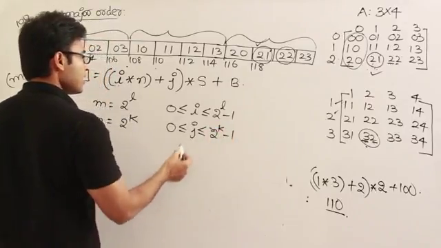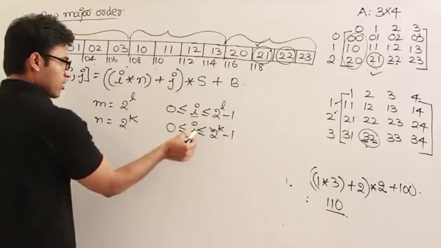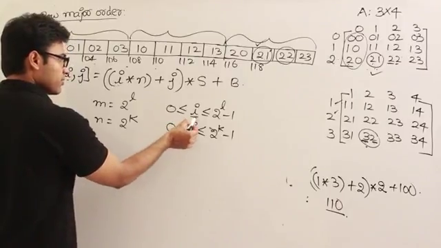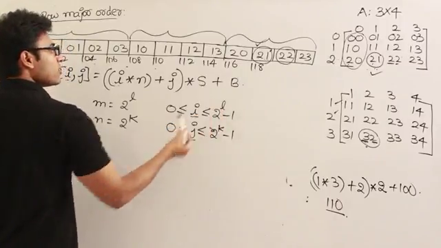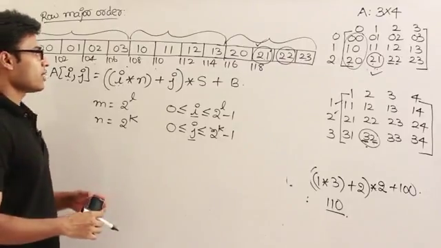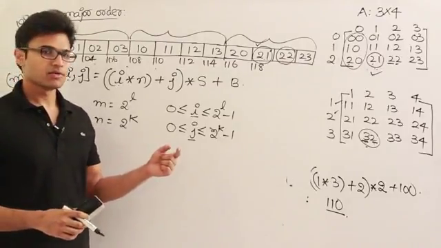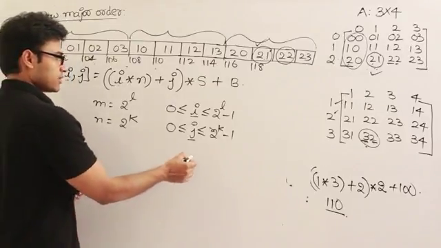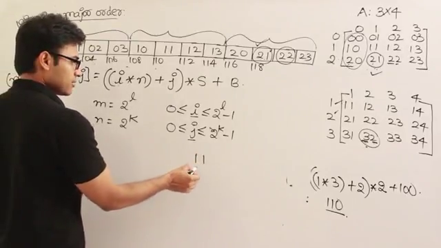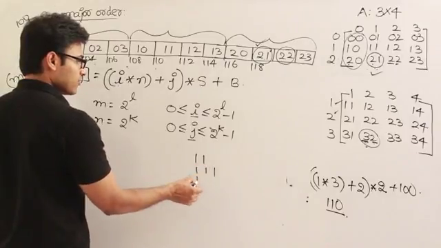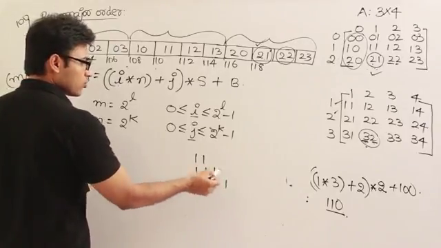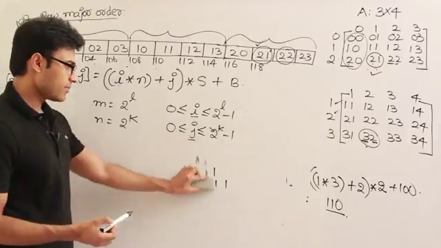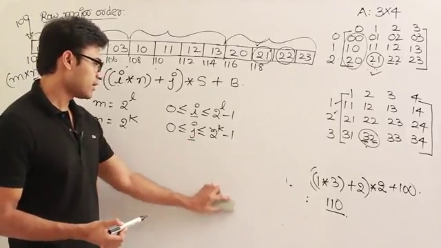So what do you understand? Either in order to represent I or to represent j, the number of bits required will be less than or equal to l, isn't it? See, what is the maximum number that could be represented using l bits? 2 power l minus 1, isn't it? What is the maximum number that can be represented using 2 bits? 3. What is the maximum number that could be represented using 3 bits? 7, right? 4 bits? 15. So 2 power l minus 1 is the maximum number that could be represented using l bits, right?